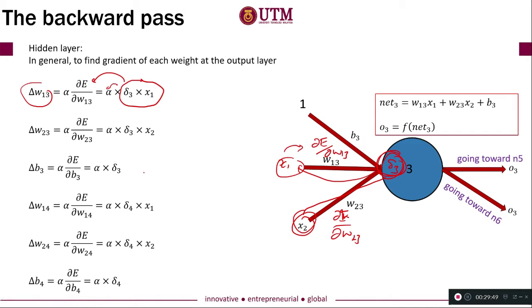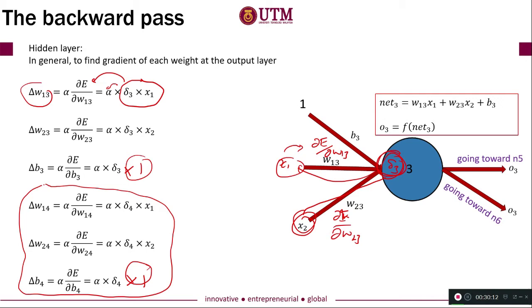Again, this should be multiplied with 1, so I just remove that because it's multiplied with 1. You can delete this component. Again, the same thing happens at node number 4. This is for node number 4.